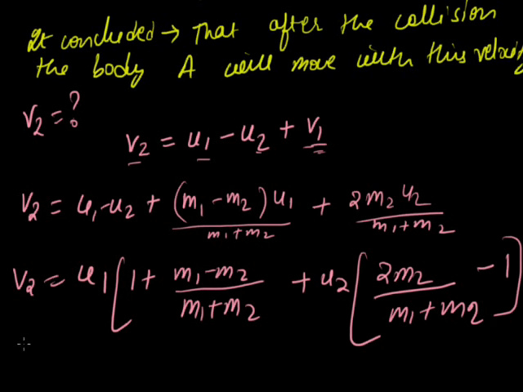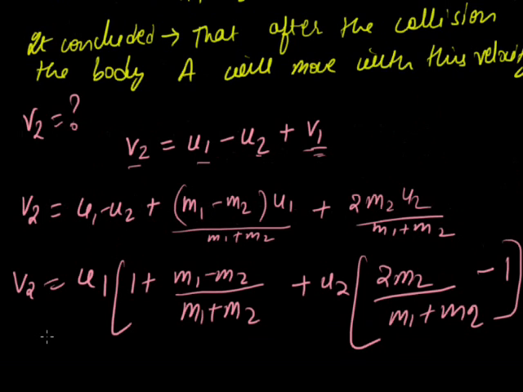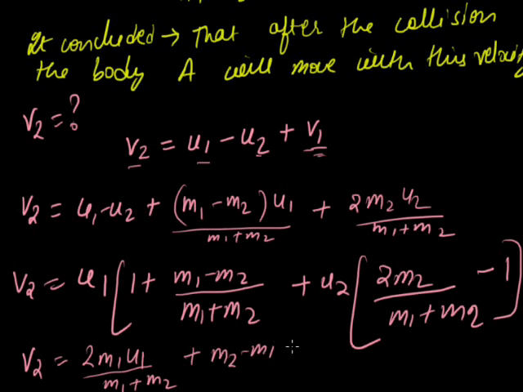Further we can write this value of v2 as twice of m1 into u1 divided by (m1 plus m2) plus (m2 minus m1) into u2 divided by (m1 plus m2). So it is concluded that this is the velocity of the second body after the collision.